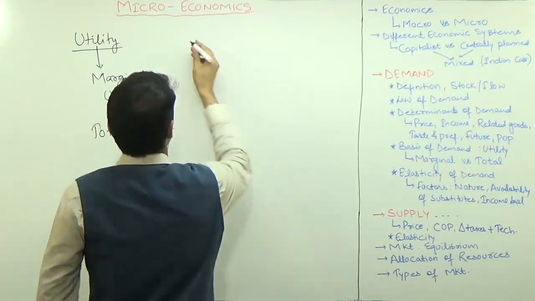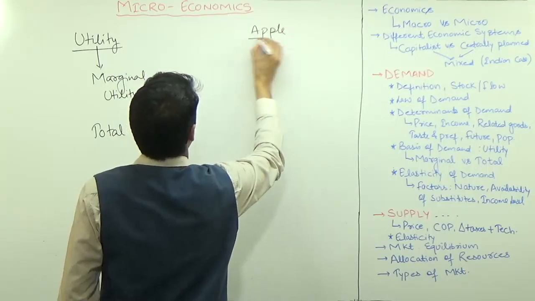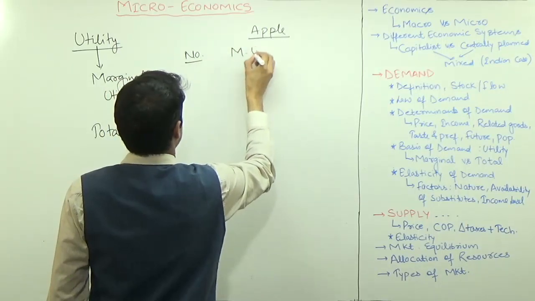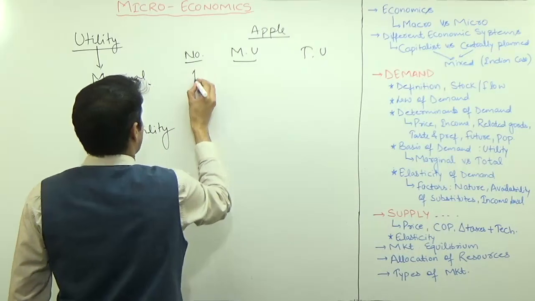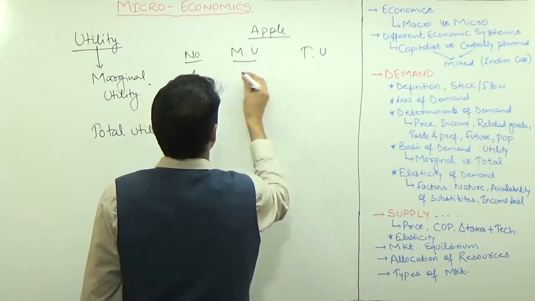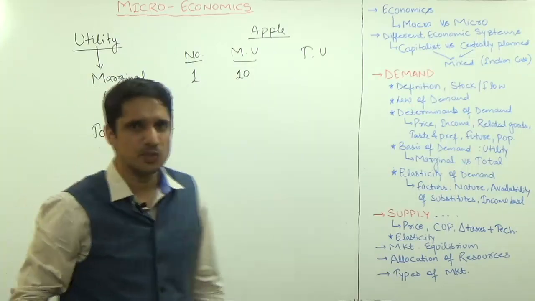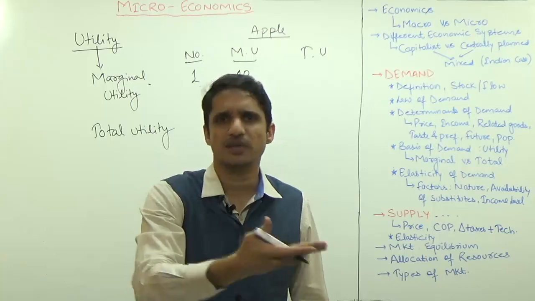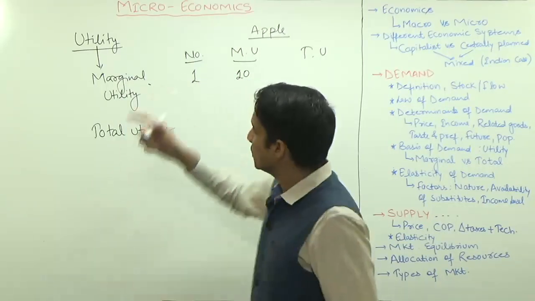Suppose with this table you are consuming apple: it is the number of items, the marginal utility, and the total utility. When you consume the first apple, suppose the marginal utility is 10. And how do you measure marginal utility? Utility is measured in the units of utils. Just like to measure distance you have kilometers, meters, similarly to measure utility the unit is utils.